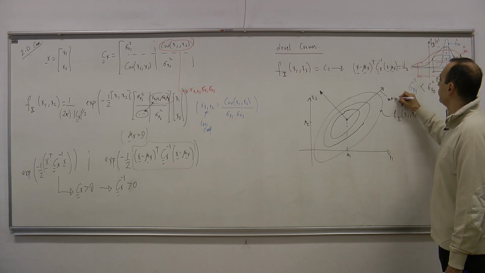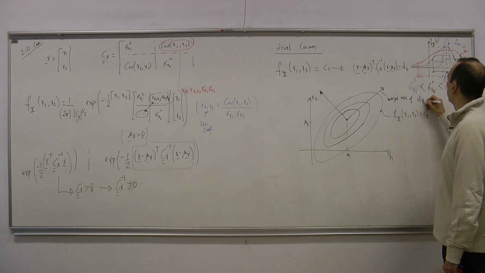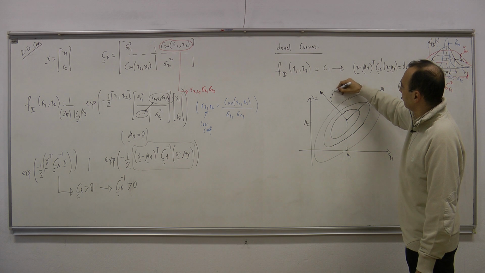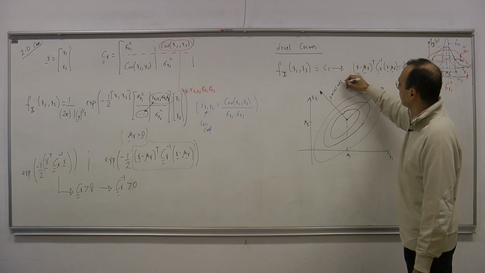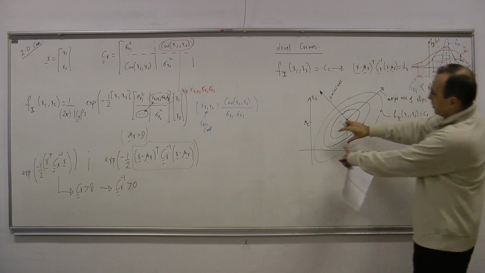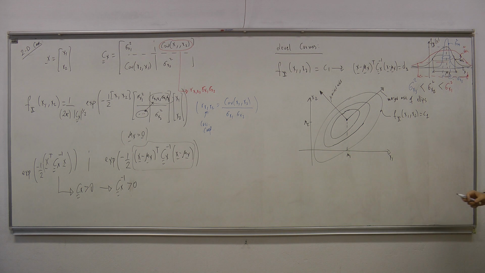This is called the major axis of the ellipse, and this is called the minor axis of the ellipse. Major axis means this is longer on this side and this is smaller on this side. So we have a situation like that.